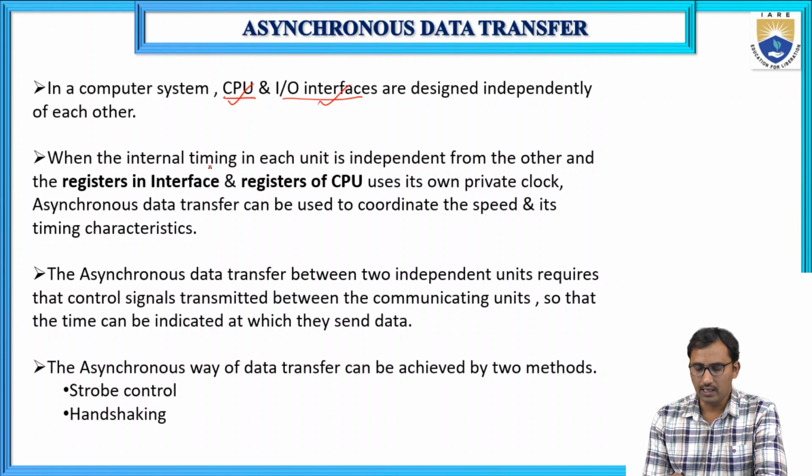When the internal timing in each unit is independent, and the registers of the interface and the registers of the CPU use separate clocks, that is said to be asynchronous data transfer. This asynchronous data transfer takes place in two ways: first, using strobe control or strobe pulse, and second, the handshaking method. Using these two techniques, we can facilitate asynchronous data transfer.